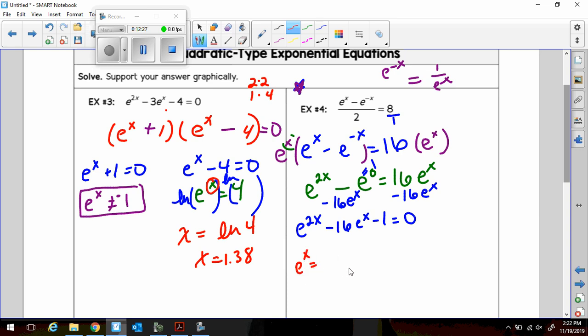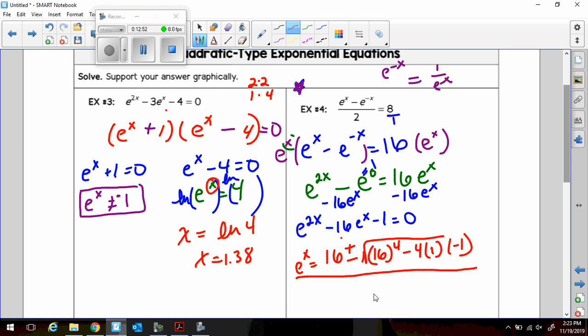So usually it is x equals negative b. It's already negative 16, so it's positive 16 plus or minus the square root of b squared minus 4ac, all over 2a.